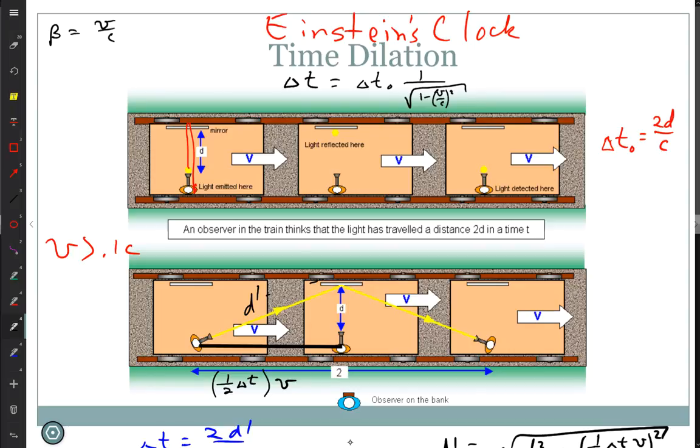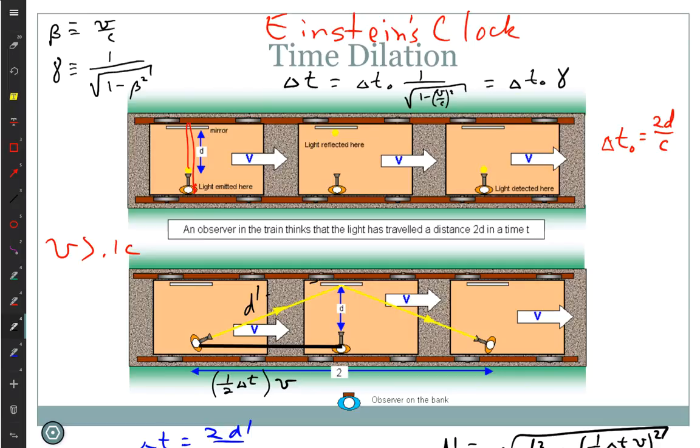And that means that I can write the thing in the square root as 1 minus beta squared. Easier to write. Second, we define gamma, as 1 over the square root of 1 minus beta squared. So using that abbreviation, this is delta t naught times gamma.